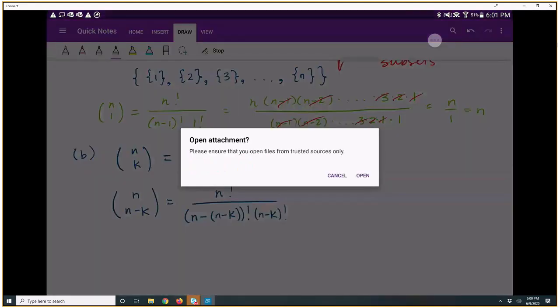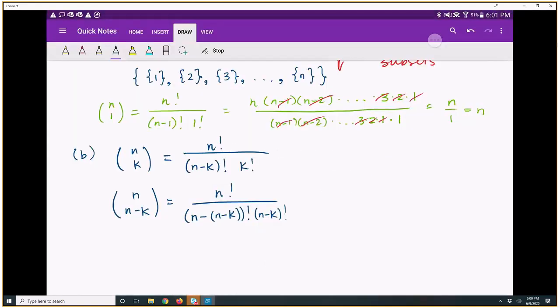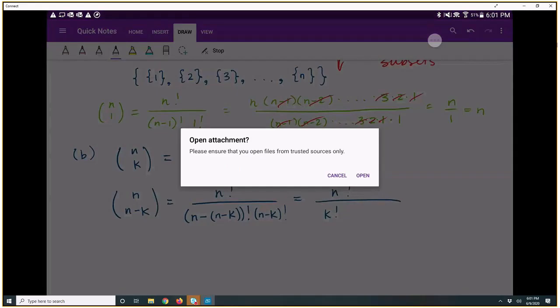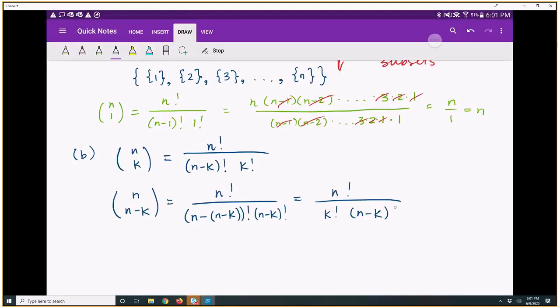According to the formula, I just replaced the k in the formula by n minus k. So that is equal to n factorial divided by n minus n is 0 plus k is k factorial times n minus k factorial. So now if we compare these two things, we can clearly see that these are exactly the same, and it makes sense.